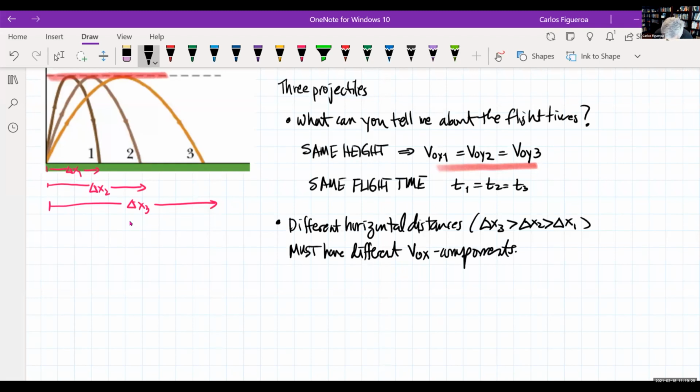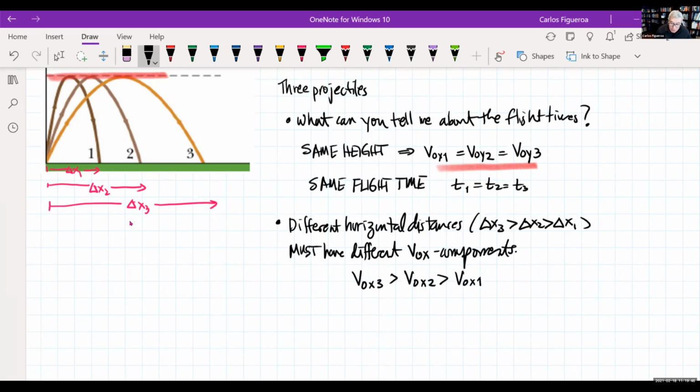So in this case, it should be the initial velocity in the x direction of 3 that is larger than the initial velocity for 2, and on to 1. So that must be the case.